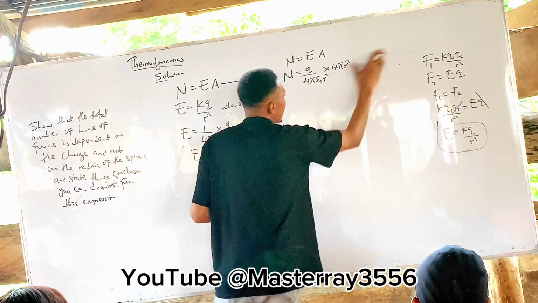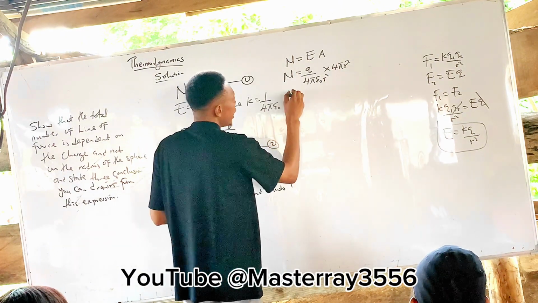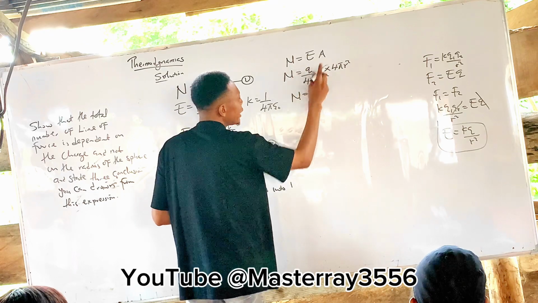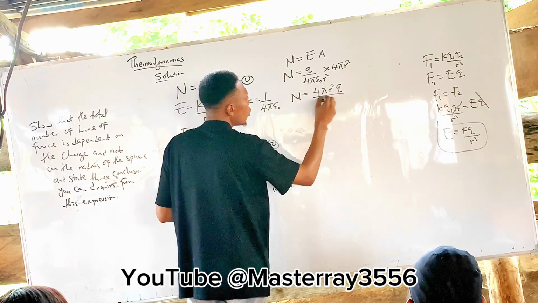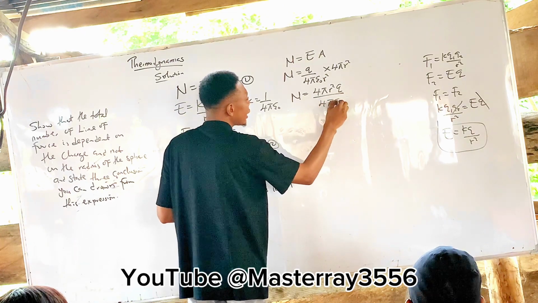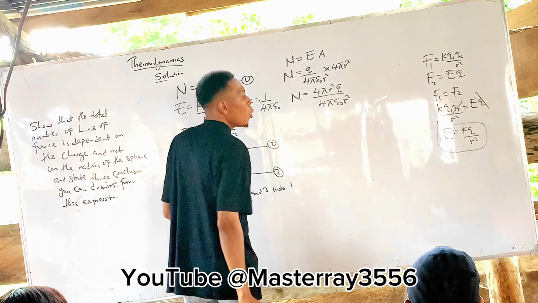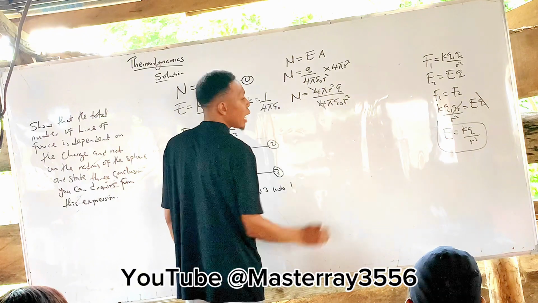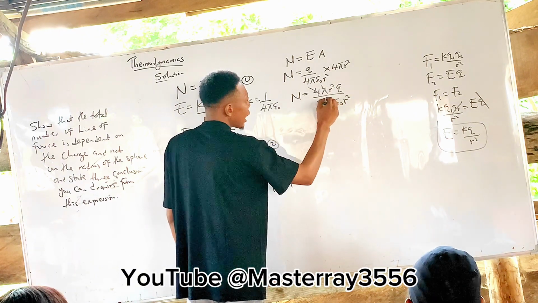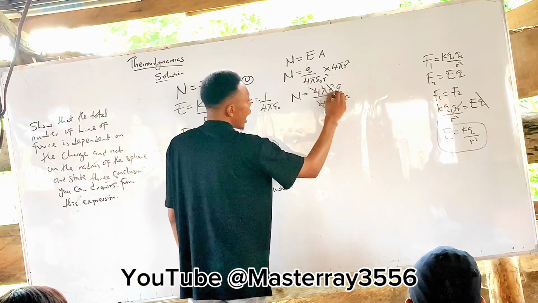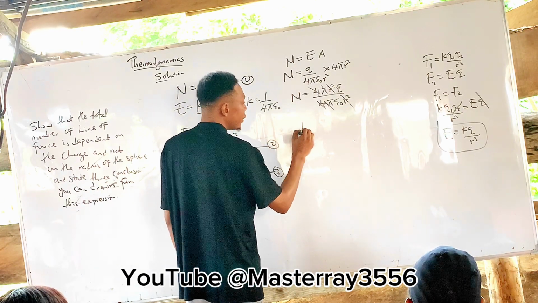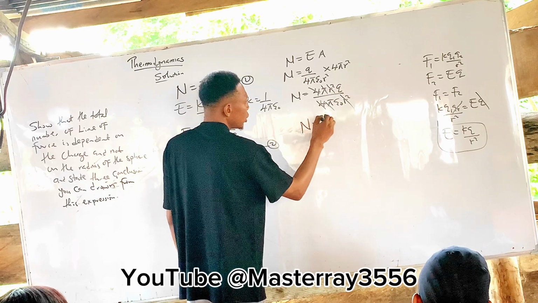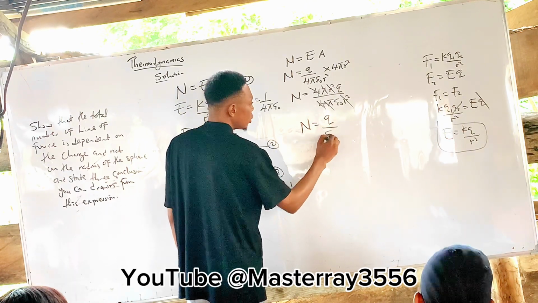So from there, we have N equals to 4 pi R square Q all over 4 pi epsilon naught R square. What happened? 4 can cancel out 4, pi can cancel out pi, then R square cancels out R square. So what's left there? N equals to Q over epsilon naught.